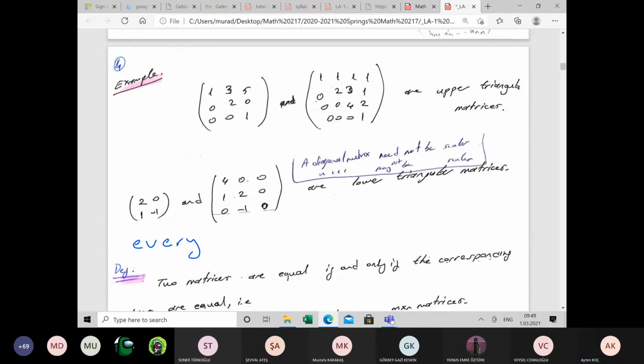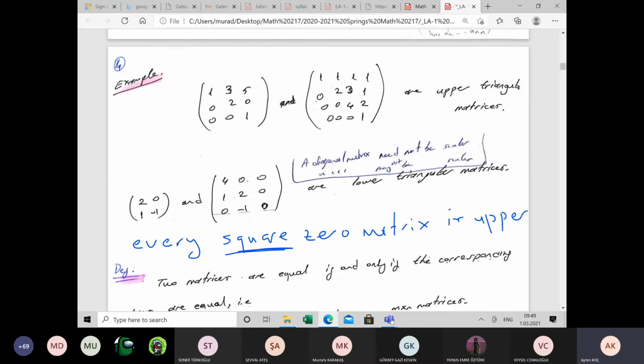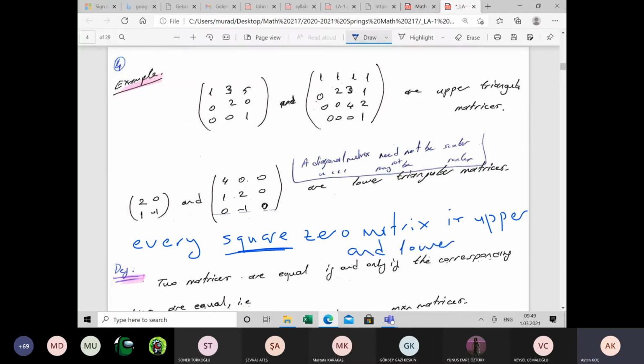Every square zero matrix is an upper and lower triangular matrix.